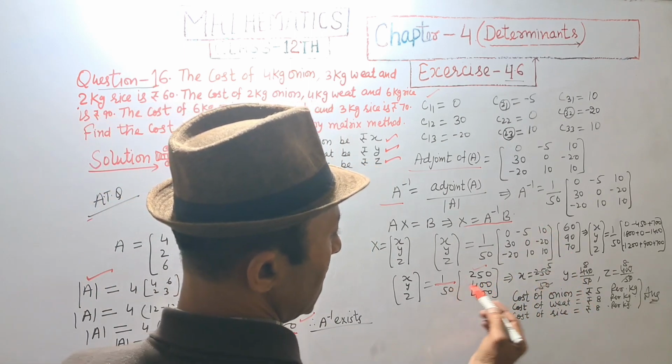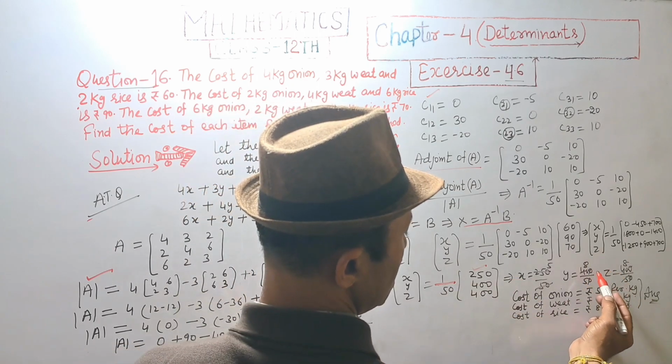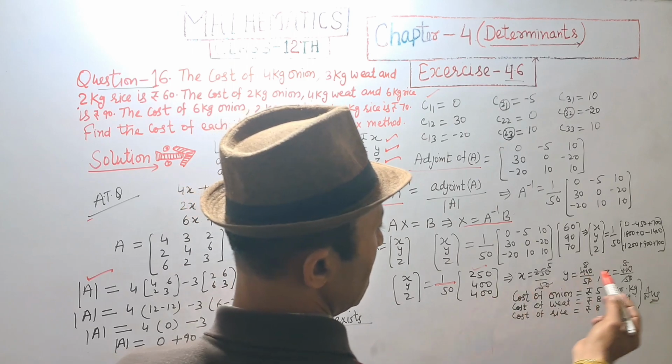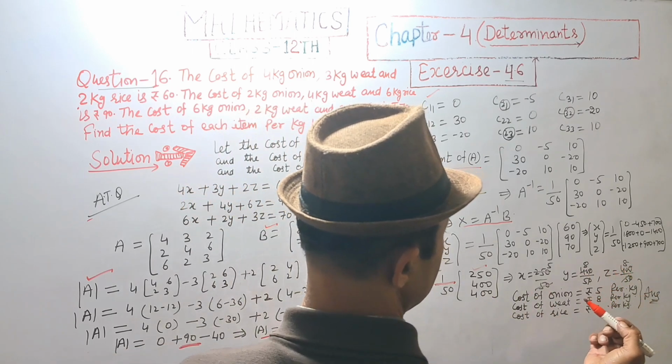And 400 divided by 50 is 8, and similarly 400 divided by 50 is 8.